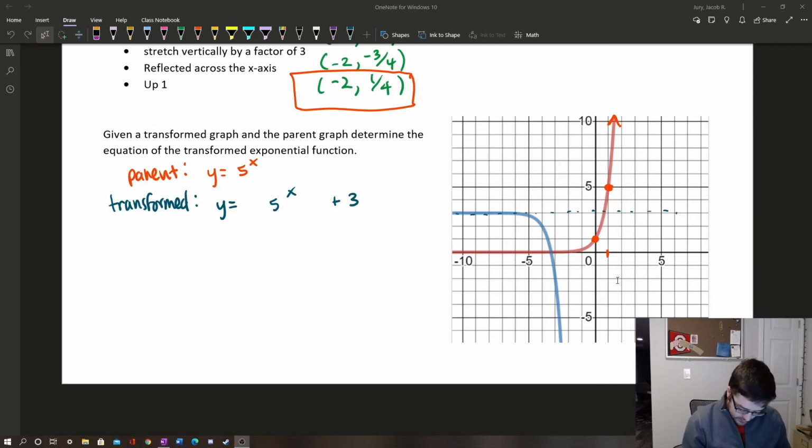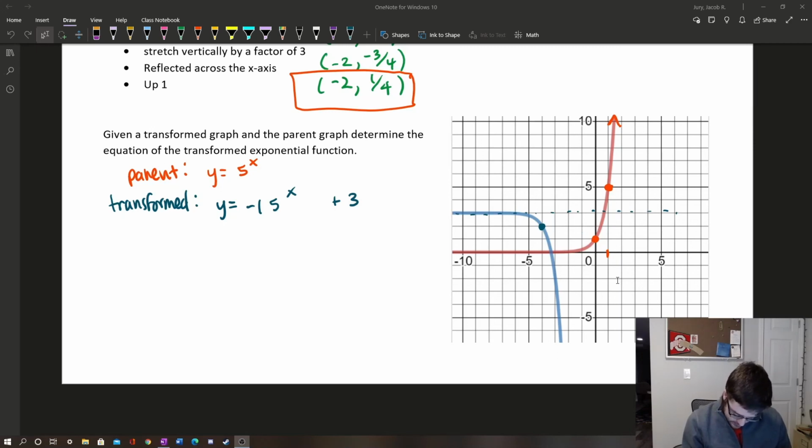But it doesn't look like it's been stretched at all, because I'm going to notice that there is a point at negative 4, 2 that used to look like the point at 0, 1. Well, that is the point at 0, 1, just transformed.